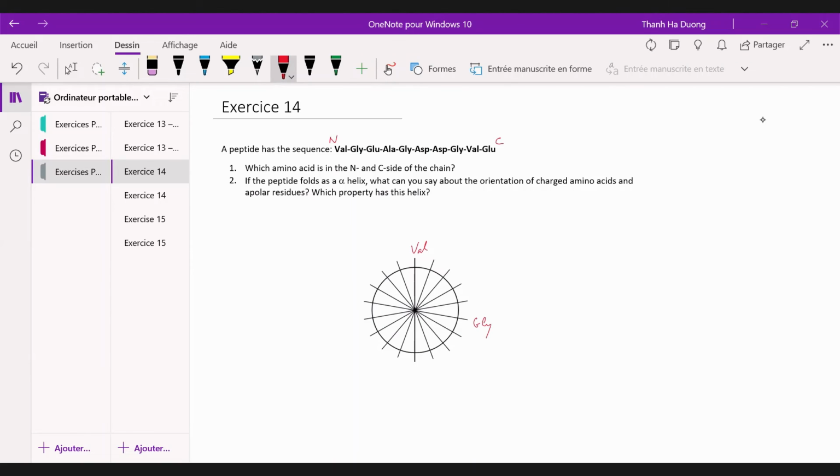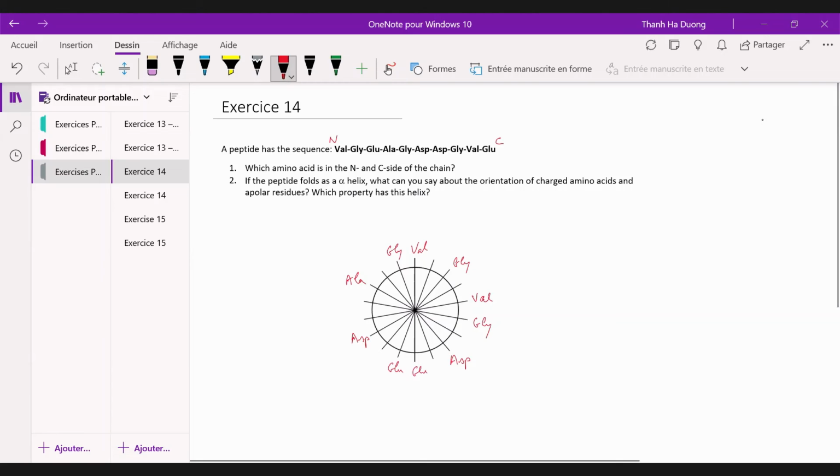I will have glycine, glutamate, alanine, glycine here, aspartate, aspartate again, valine, and so on.